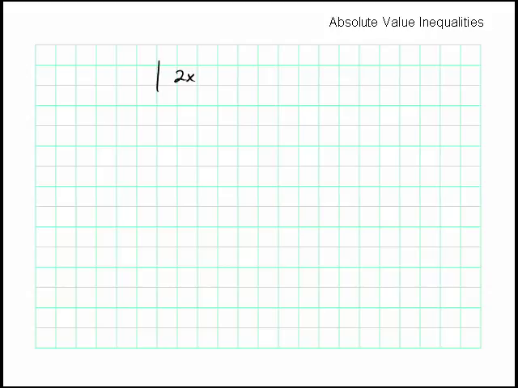Here's another example of this. Absolute value of 2x plus 1 equals 3. Okay. I'm going to do exactly the same thing. 2x plus 1 will equal positive 3, or 2x plus 1 will equal negative 3.